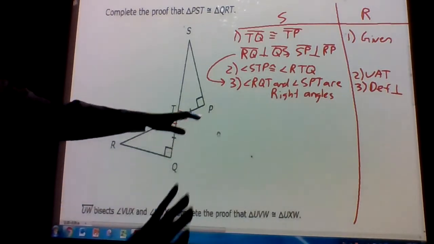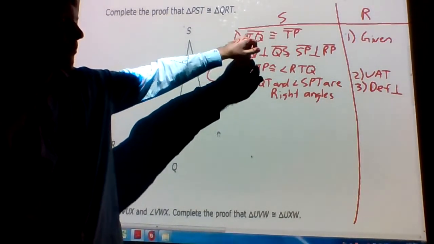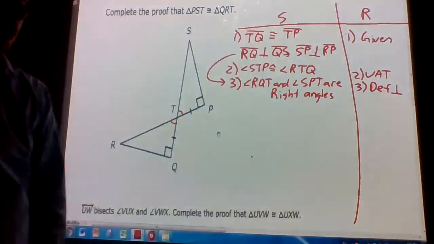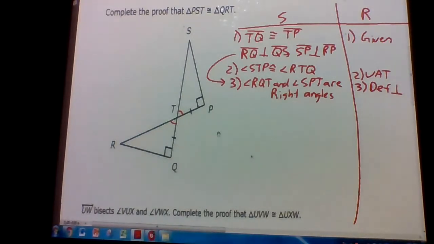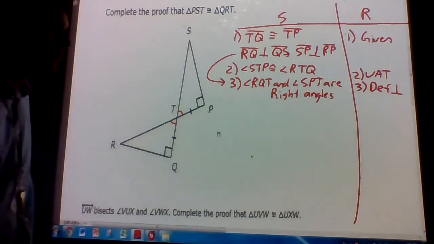Okay. We only have two pieces of information here, right? We have one pair of sides, one pair of angles, so we need to keep going down the list. We don't have shared sides, we don't have a midpoint, we don't have bisector, parallel lines. We use the perpendicular lines. We can now use the right angle theorem, right?